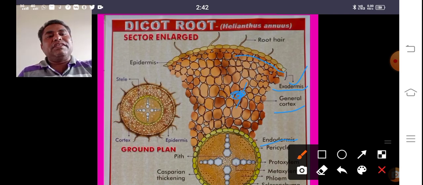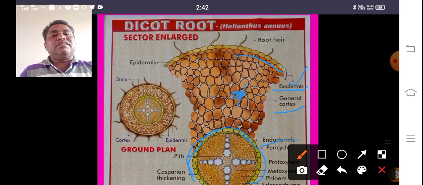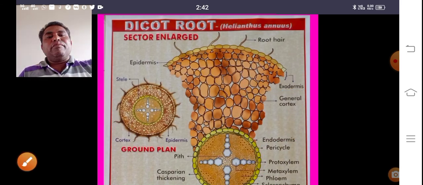The endodermis is the last part of the cortex, where the cells are arranged as a whorl or a ring. The endodermal cells are usually barrel shaped.